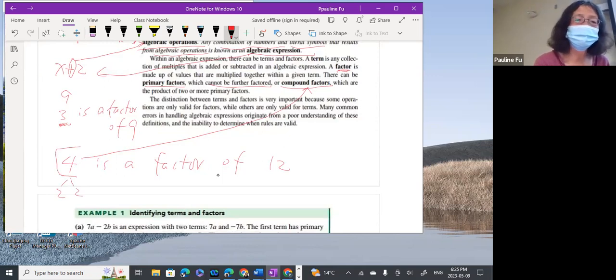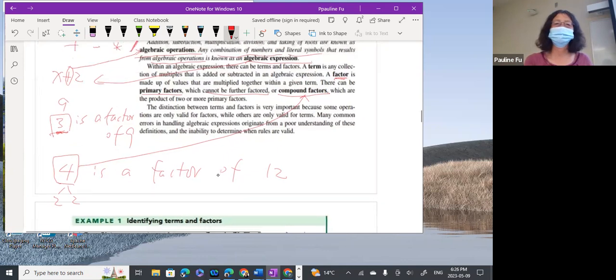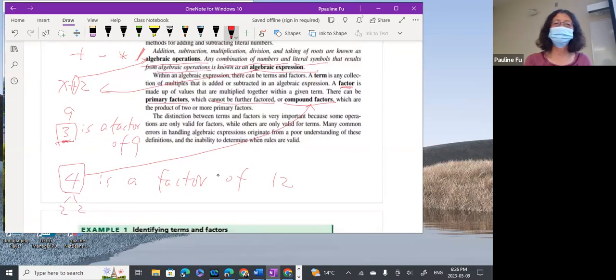You see, this 4 is different from this 3. This 3 cannot be further divided into two numbers multiplied together. So 4 is a compound factor, and 3 is a primary factor. Questions?